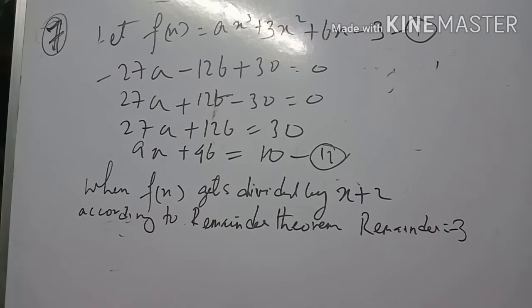Yeah, I missed the minus. So the remainder is minus 3. Let us proceed with the sum.